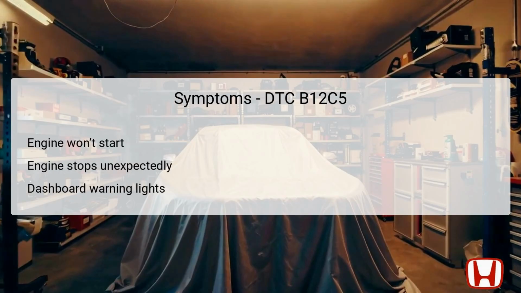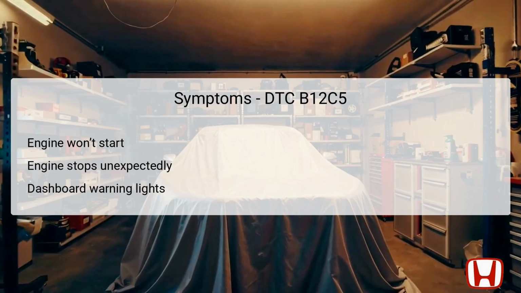When dealing with DTC B12C5, symptoms will typically include the engine failing to start or stopping unexpectedly. Drivers may find that pressing the engine start-stop switch has no effect, which indicates potential issues with the switch itself.